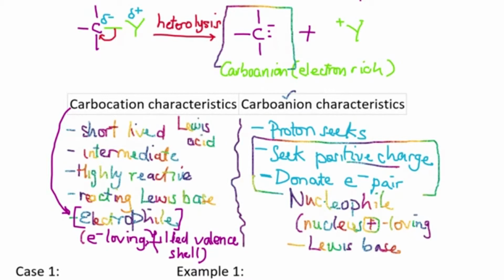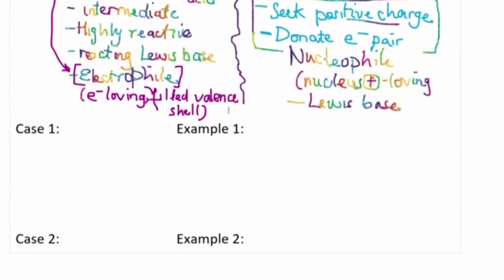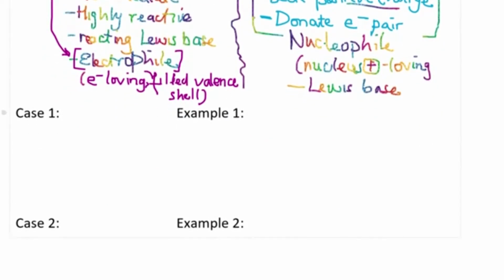carbocation. Let's look at the first case scenario, which is an example in here. We have a carbon here, and this carbocation has a positive charge and is going to be reacting with a base that has a negative charge.